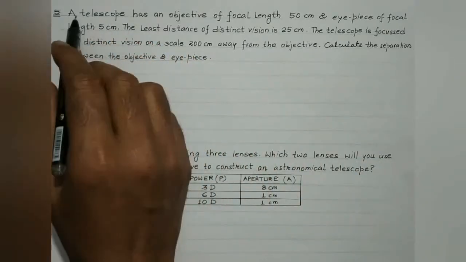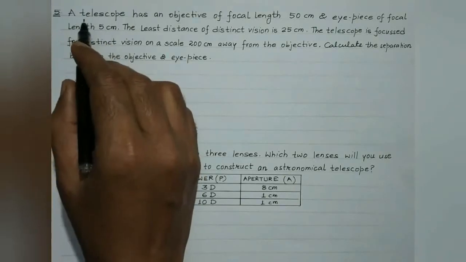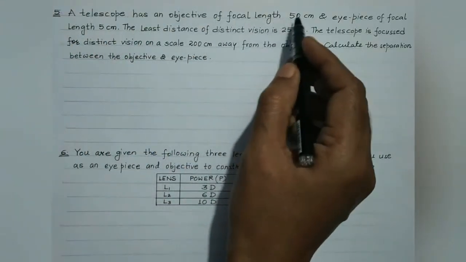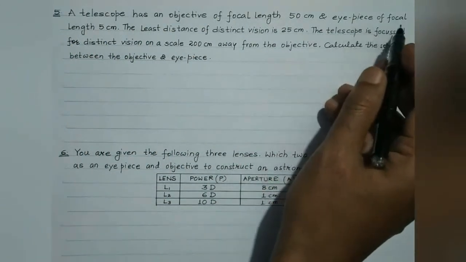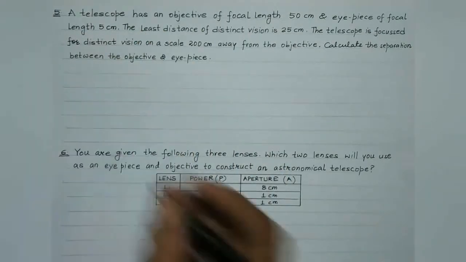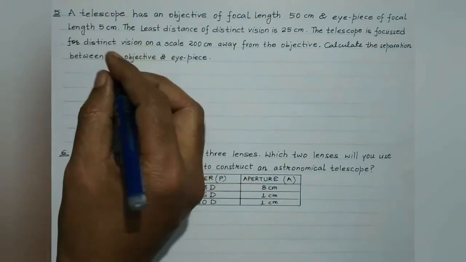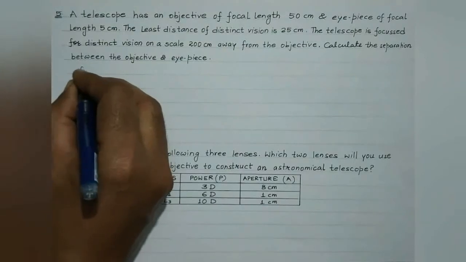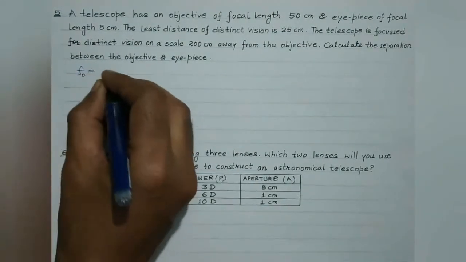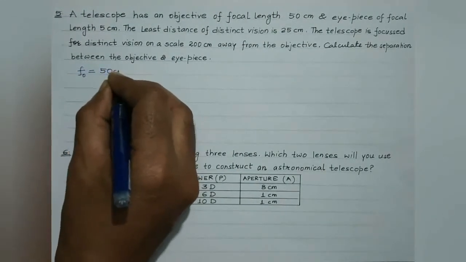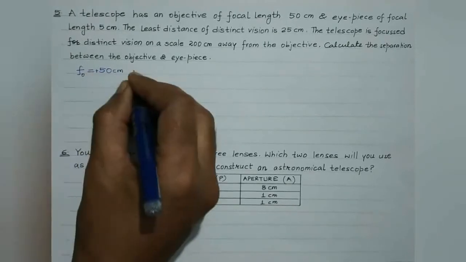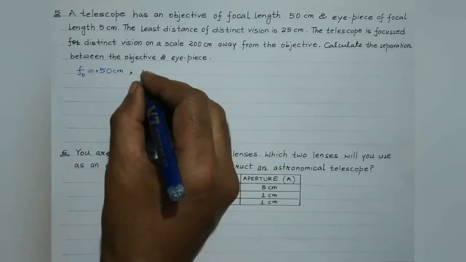Okay students, let's proceed to question number 5 then. A telescope has an objective of focal length 50 centimeter and eyepiece of focal length 5 centimeter. So this is the given information. The focal length of the objective is given to be 50 centimeter. Both are of converging nature, so as per sign convention, the focal length must be positive.